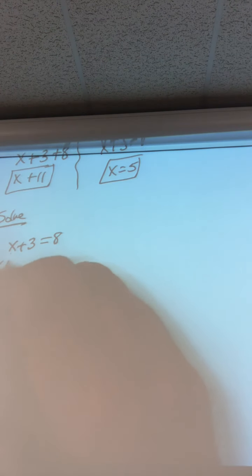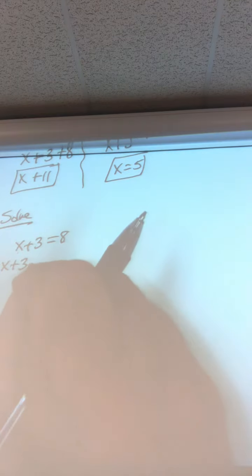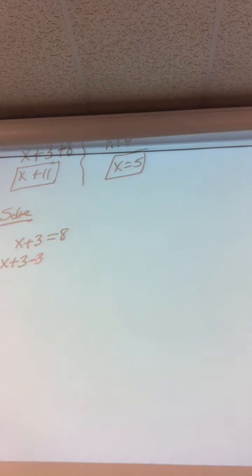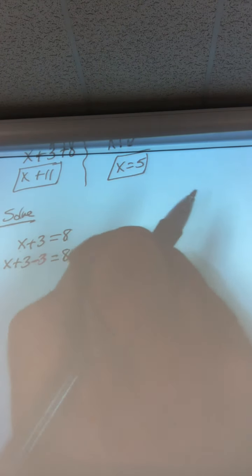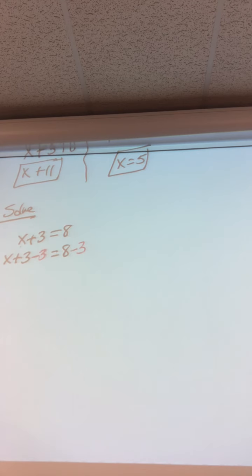The way I get rid of this adding 3 is by subtracting 3. You'll see me do that in red. Now, when I subtract 3, you will also see that I subtract 3 from the right side. So you can clearly see what I've done in red: I have done the same thing to both sides.